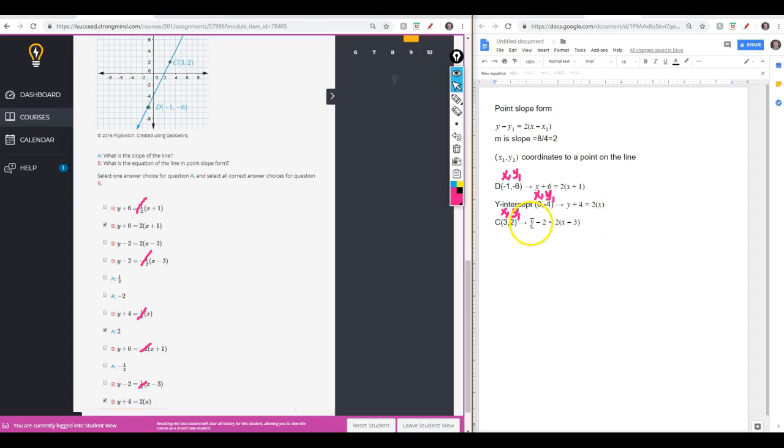And the last one is y minus 2 is equal to 2 times the quantity of x minus 3, and that is our options.